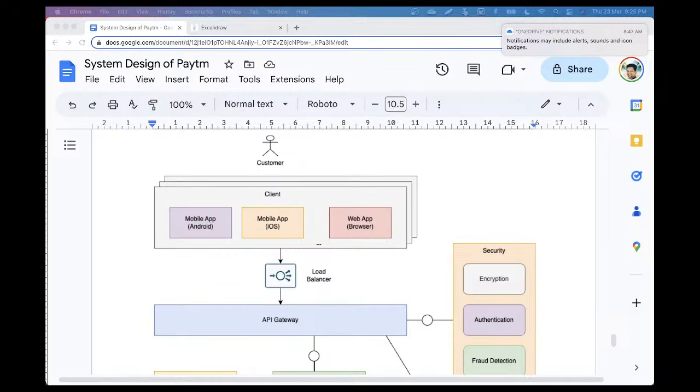For example, if you are making transactions to a few of your friends or a few of your merchants, and these merchants are near your location, then this data can be retrieved very quickly by the servers, because if multiple calls are going to the same server, this information can be quickly retrieved and processed. So this is what is generally used. Sticky sessions and the IP hashing algorithm are used.